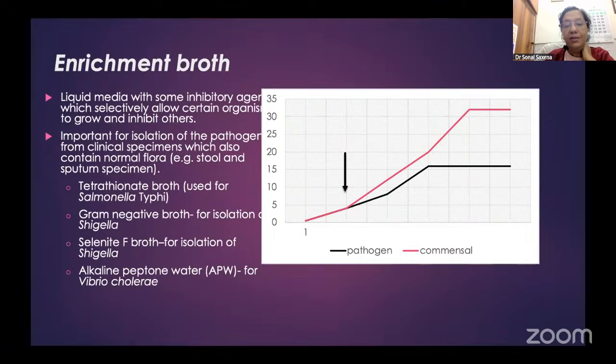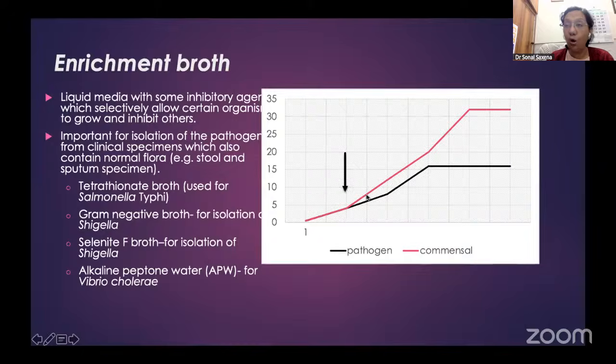This is a situation where you have inoculated a tube of alkaline peptone water. This is a very poor version of a bacterial growth curve, I agree, but it's just to explain to you. After a lag period the bacteria start multiplying, and the commensal bacteria are too many.